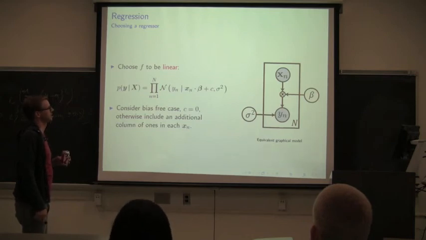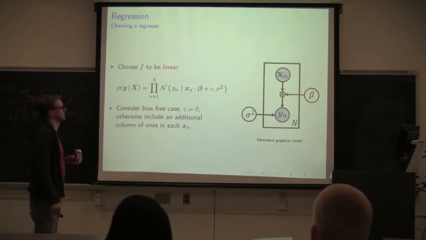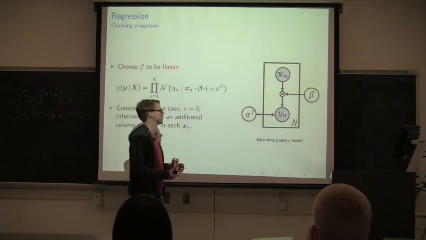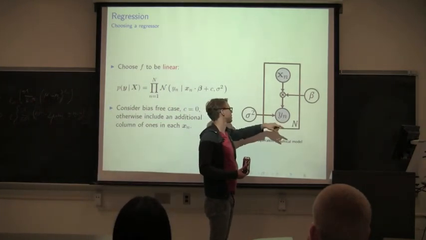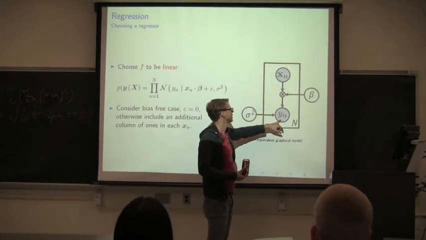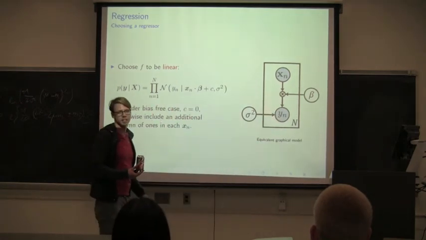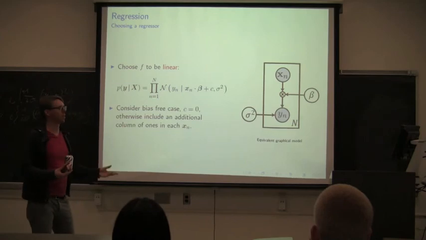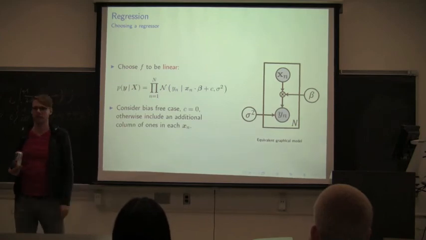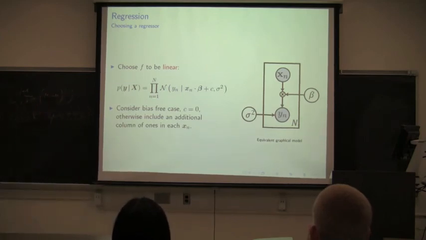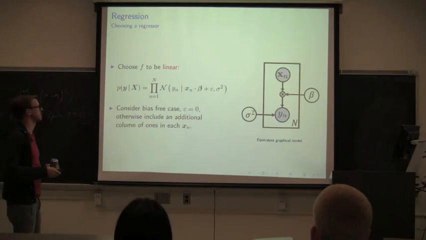Some of these are observed, some are not. We observe something, we make it gray. So xn and yn are observed, so data, but the parameters are unknown. Those are white, and we have to perform inference over everything that is not observed in the Bayesian case.